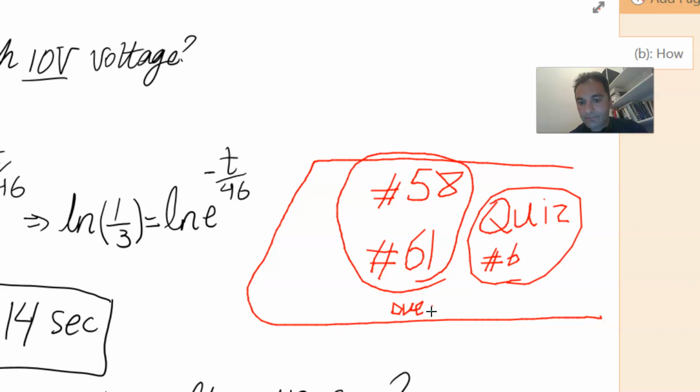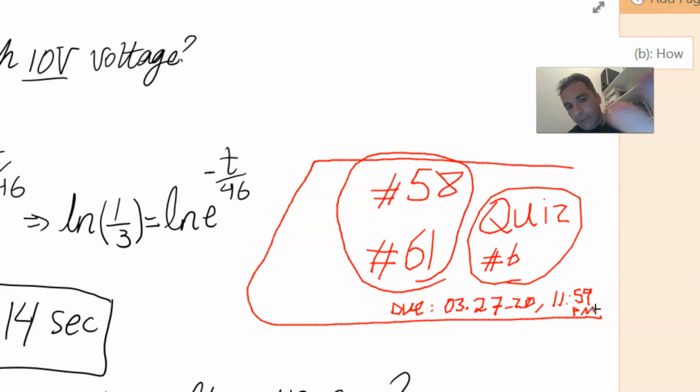it is due until 11:59 p.m. So problem numbers 58 and 61.